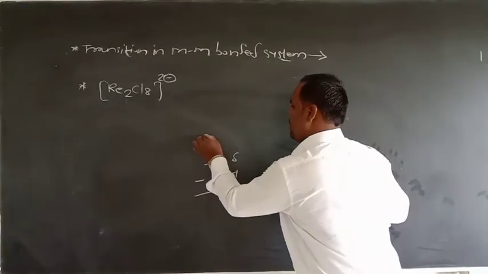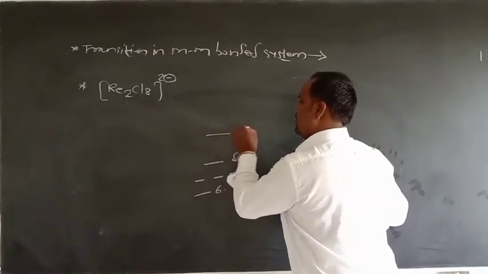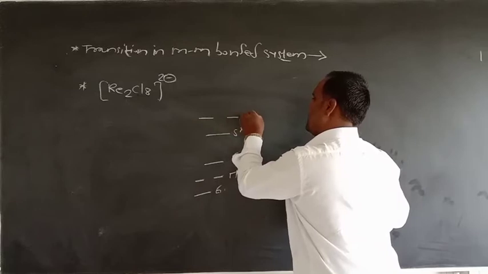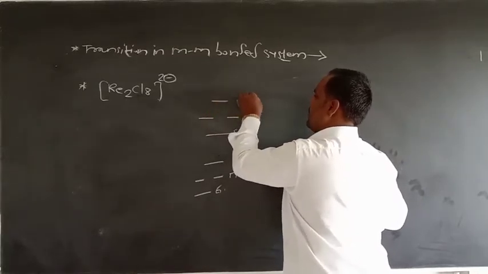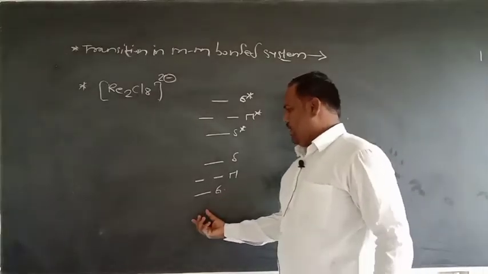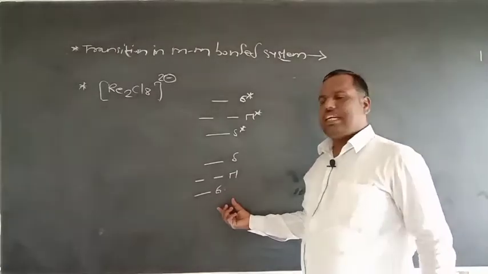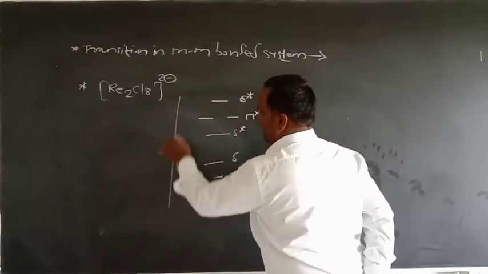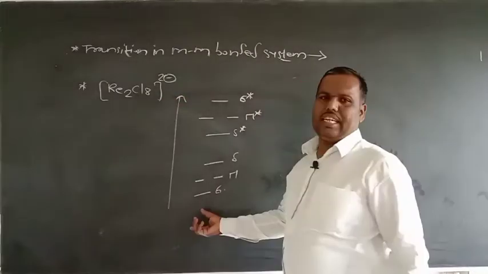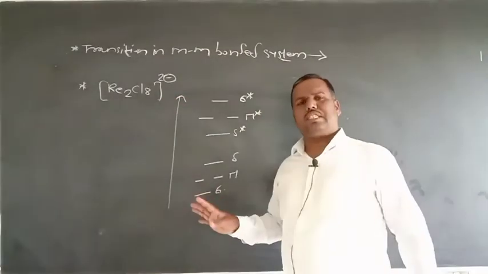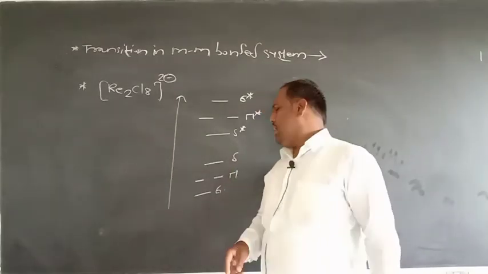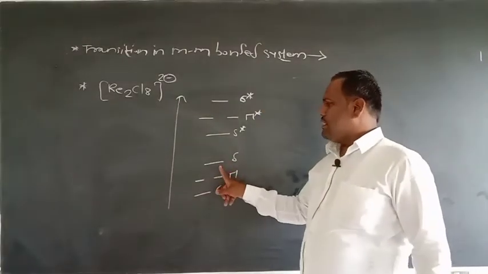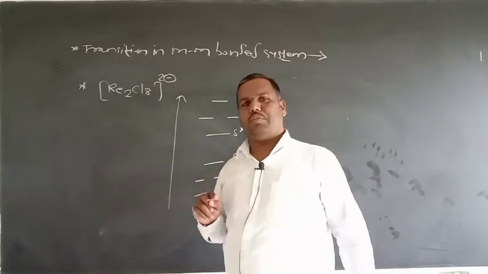Then here delta star, here pi star, and here sigma star. So this is the molecular or energy level diagram, the energy level diagram for case second. In this case, the dx square minus y square orbital is not involved in the formation of the delta bond. So only one delta bond is formed by the overlapping of dxy orbitals.